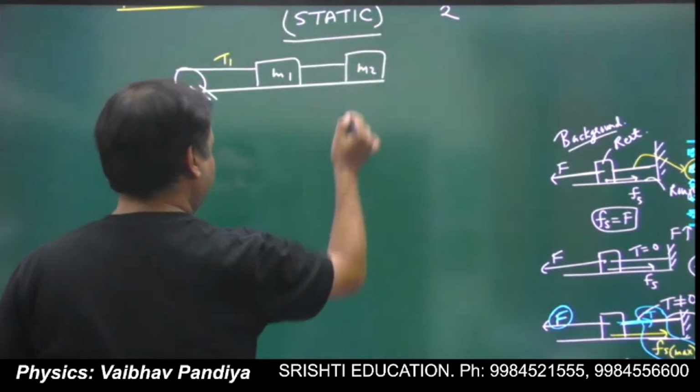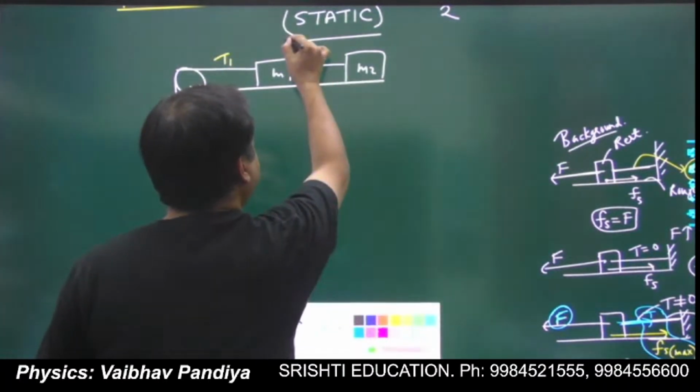Since everything is static, if you are making the FBD of m naught, this is your T1 and this is m naught g, and it is at rest, so you'll get T1 is equal to m naught g. Correct? That is the settled equation.